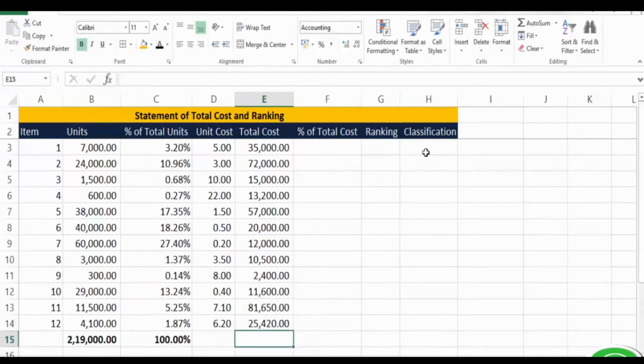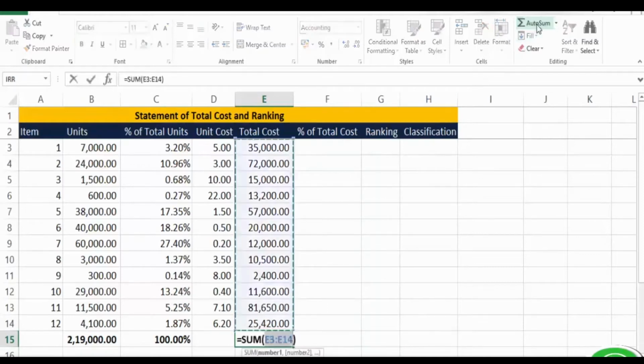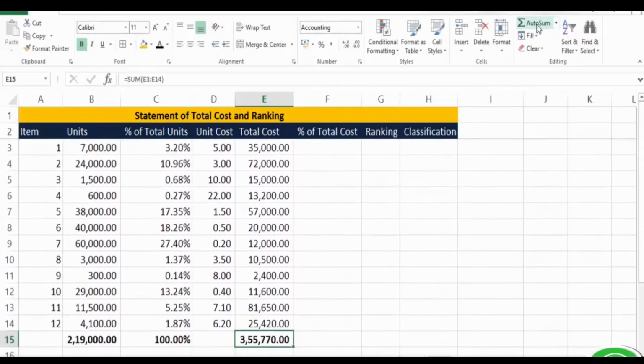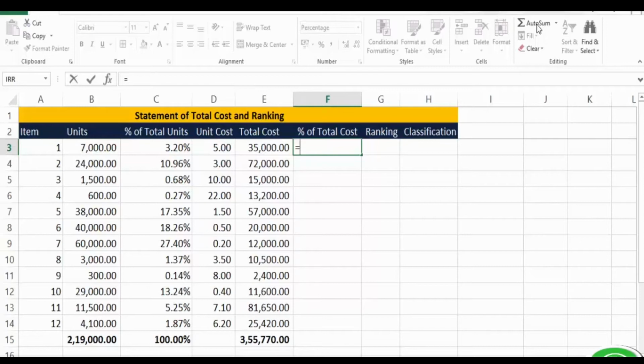Now to find out the proportion of each item with regard to the total cost, we have to total this first of all. Total works out to 3,55,770. Now let us find out the percentage of total cost. Item 1, the cost is 35,000.